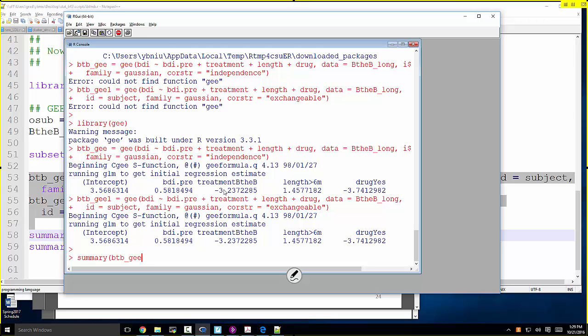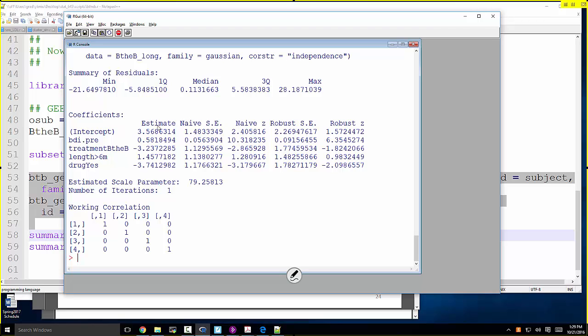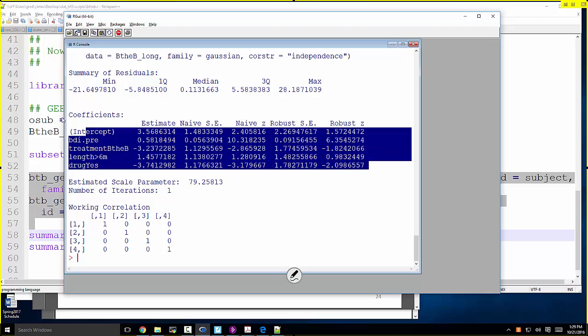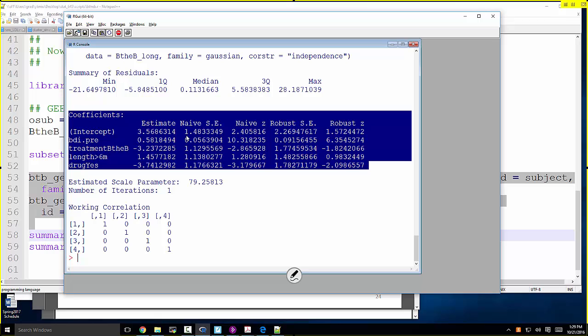Summary. Here's the usual regression output with a little bit of extra detail. If you were to do IID regression, you would get what are called naive standard errors. Standard errors that do not account for the correlation over time. What GEE gives us that's so valuable are correct standard errors.